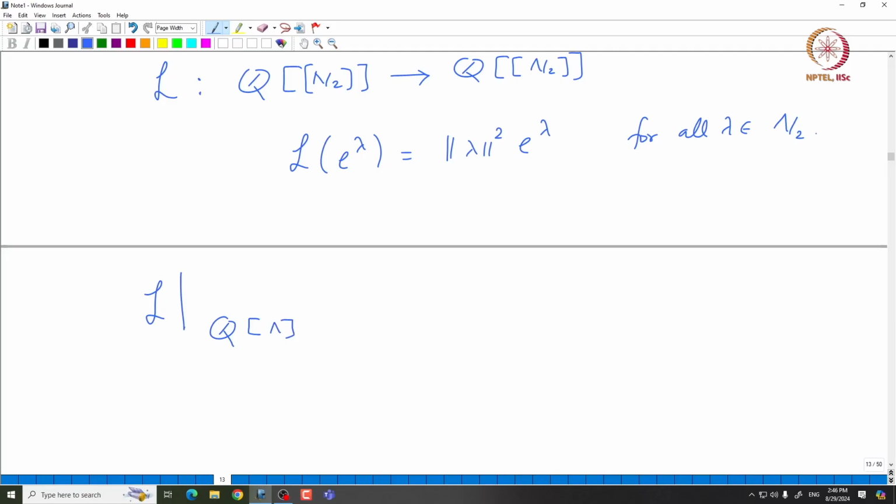For example, we can define this operator, extend this linearly, because everything is a finite sum there. But then we are going to further restrict to antisymmetric elements. So, let us restrict to the antisymmetric part of this Q bracket lambda.